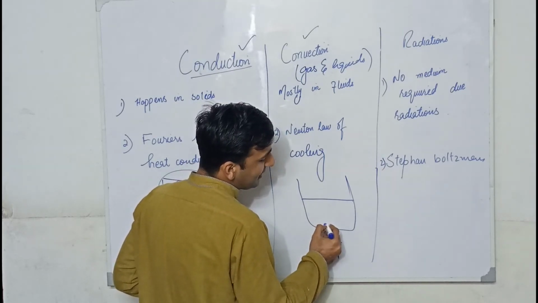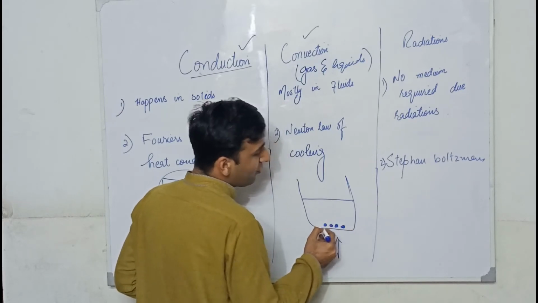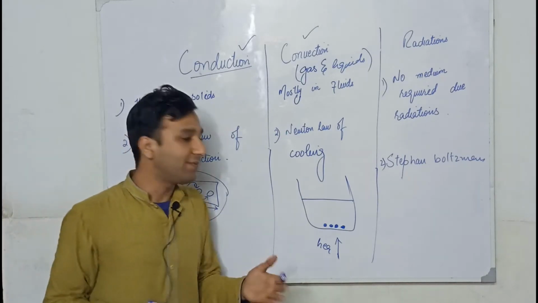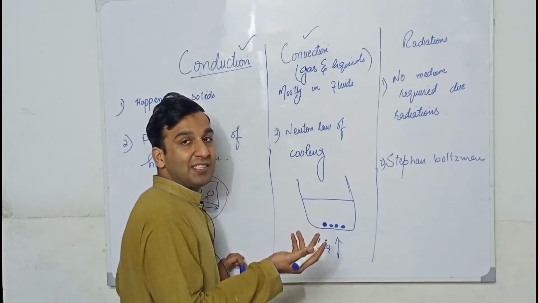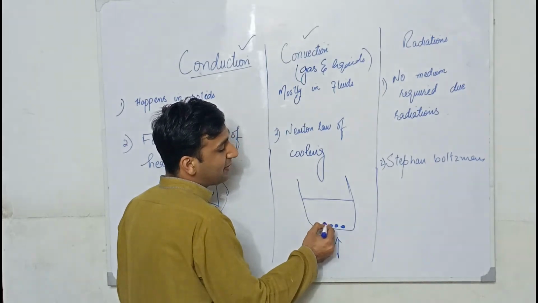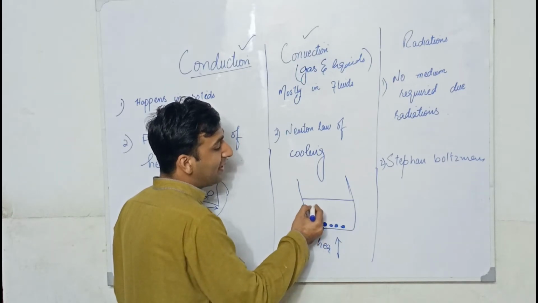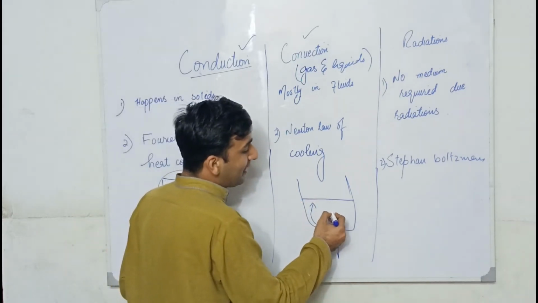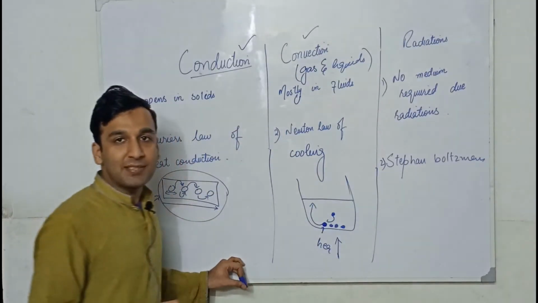As soon as this molecule of water gains heat or energy, we know that for fluids, gases, or liquids, when we heat them, the density decreases. The water molecules' density will decrease, and it will leave its place and move to the top. So now another cold molecule from here will come to occupy its space.